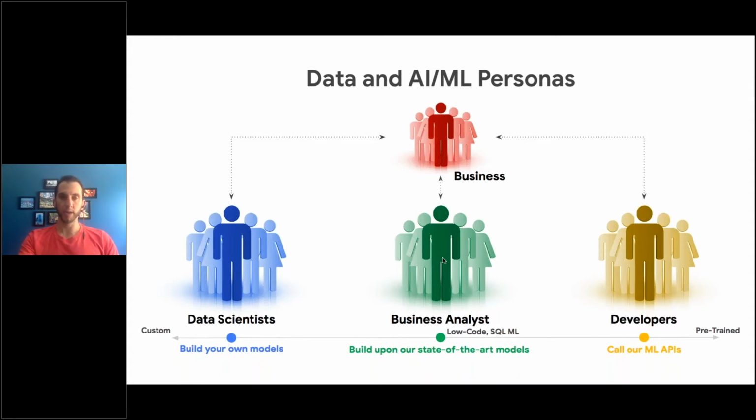We believe there needs to be a low-code or no-code option here in the middle for people who need to get things done really fast, maybe aren't super strong programmers, but really understand the statistics and what goes into an analytics pipeline. That's what this middle group is for.